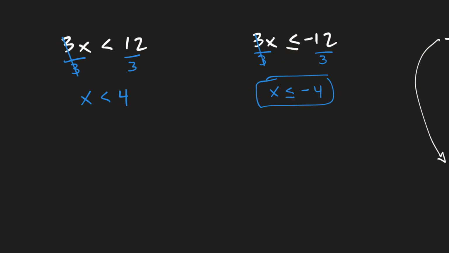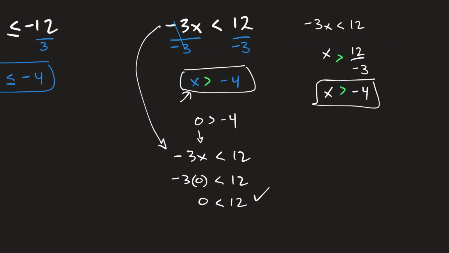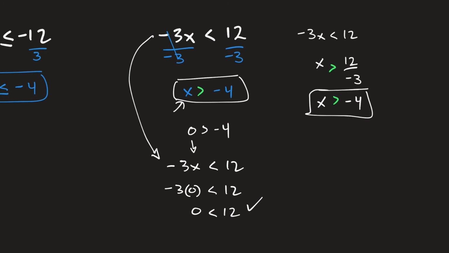And then here, in my original inequality, I had a positive 12 but a negative coefficient. I divided by that negative 3, and that's when I had to switch the direction of the inequality. So if you divide by a negative, you have to switch it. See here, I divided by a positive there. So that is the major lesson.